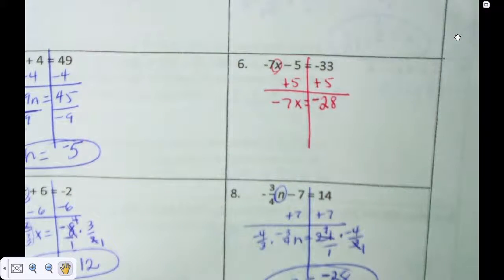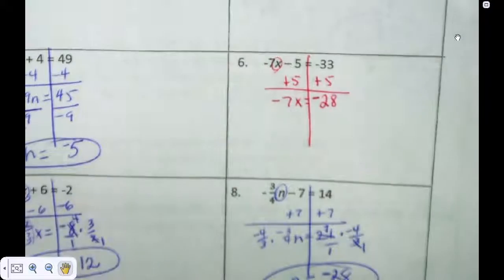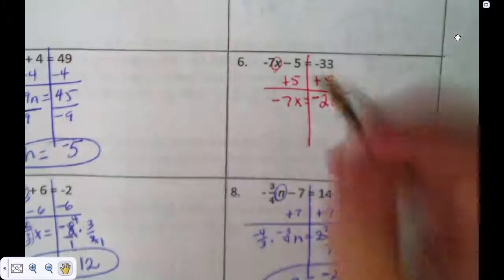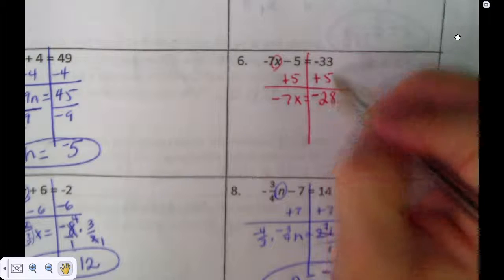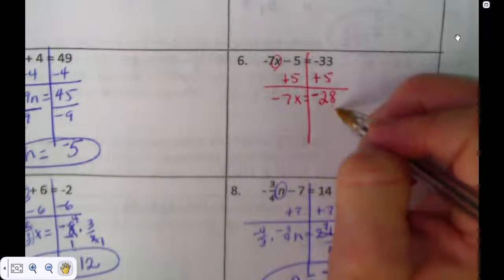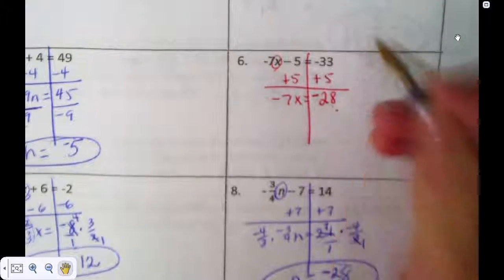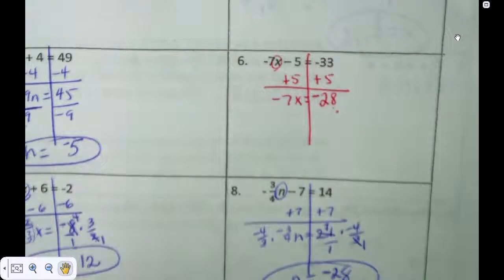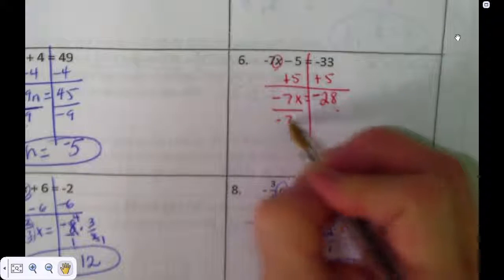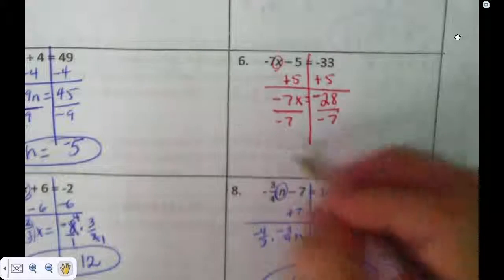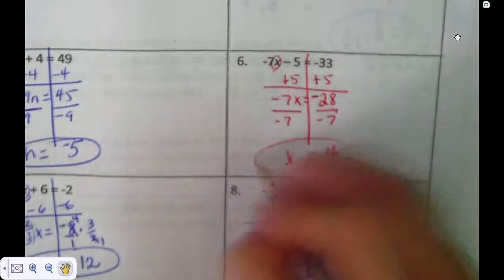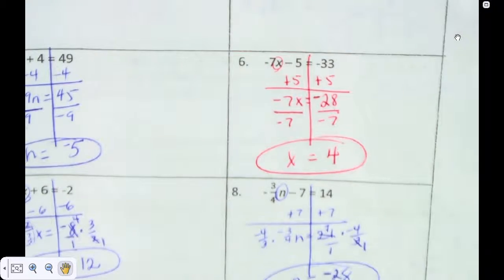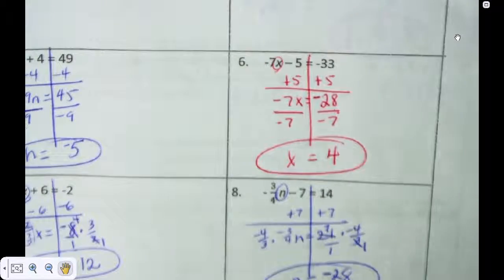Where in the world did that come from? Good. It is opposite, you subtract and take the sign of what you have more of. So now what do I have to do? Divide by -7. So x is, isn't it positive 4? Positive 4.